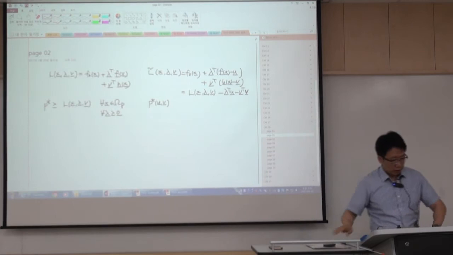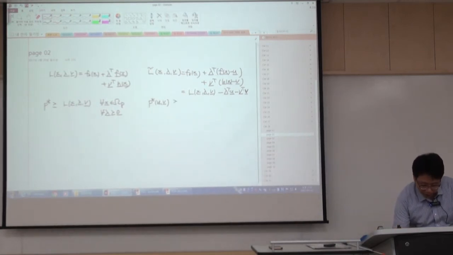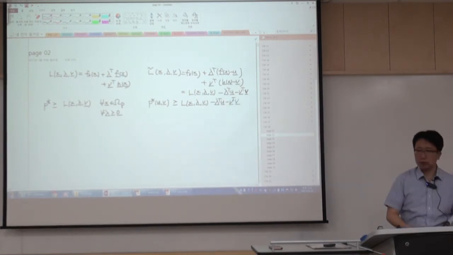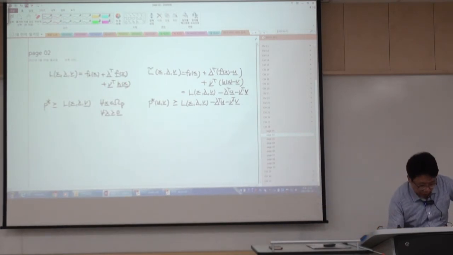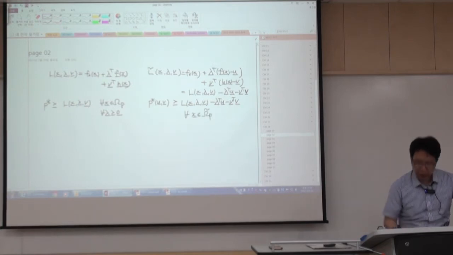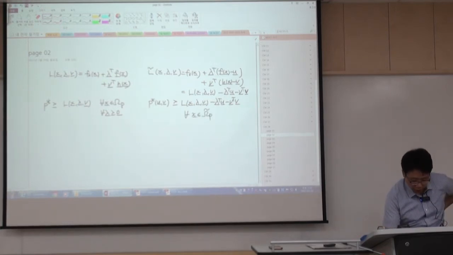Now, we can say the same thing. Got it? Due to the same reason. The difference is that it holds for all x in omega tilde p, and for all lambda greater than or equal to 0.